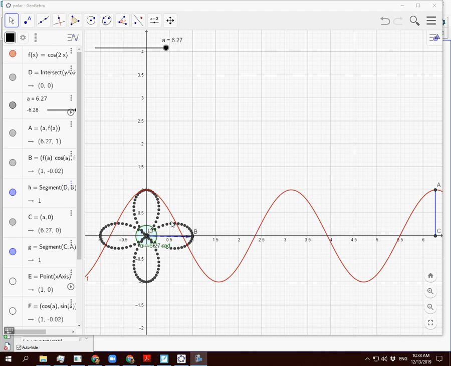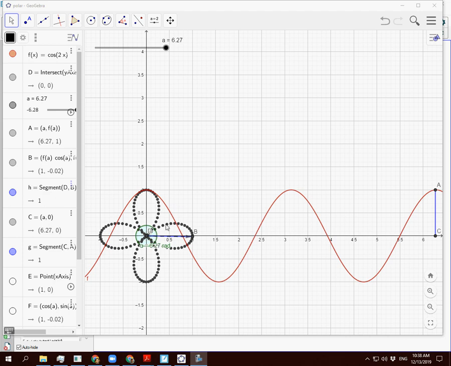Now, you notice that this rectangular function is symmetric with x equals 0 because it's an even function. X equals 0 on the rectangular function corresponds to theta equals 0 on the polar. This function is also symmetric with respect to x equals pi halves, and so the polar is also symmetric with respect to theta equals pi halves.